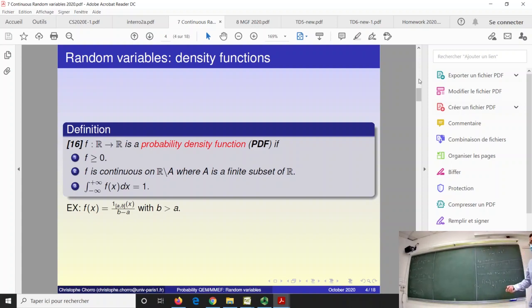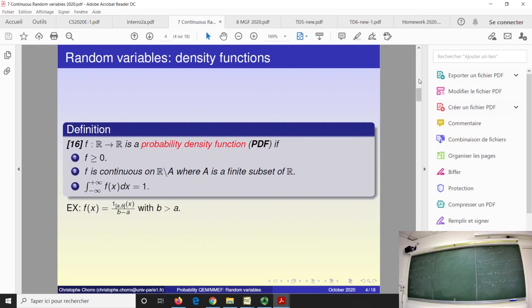So C0 means continuous, on R except 0, because maybe I have a problem at 0, but whatever. I don't have to spend time on it, because in the definition of my density function, I just have to check that I am continuous except for a finite number of points.